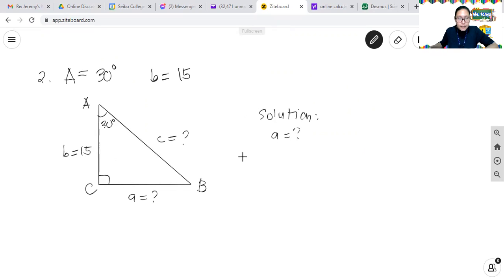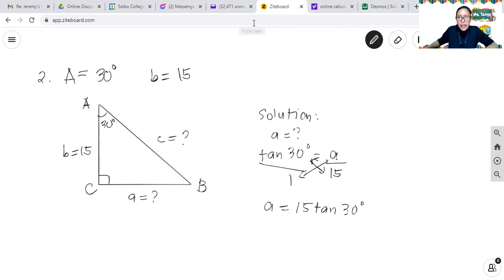Side A is opposite angle A, while side B is adjacent to angle A. So I can say the function tangent: tangent 30 degrees is equal to the opposite, which is A, over 15. From here, we can now solve the equation by finding the unknown value, which is A. We use cross multiplication. So we will have A is equal to 15 tangent 30 degrees.